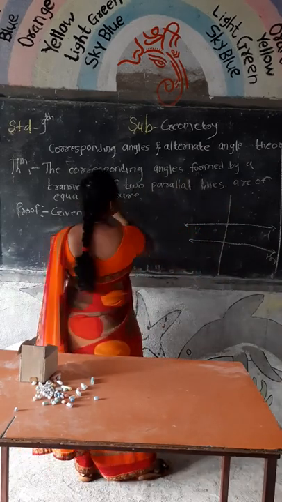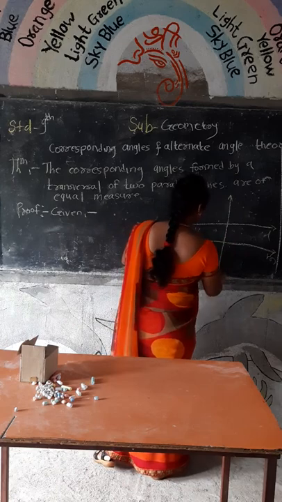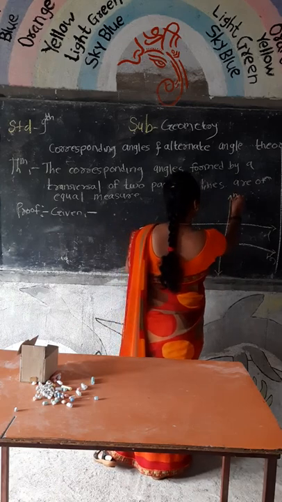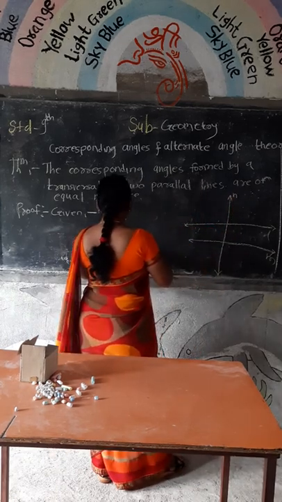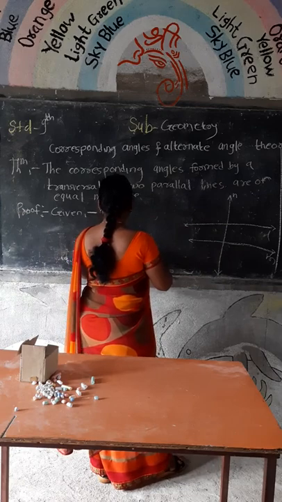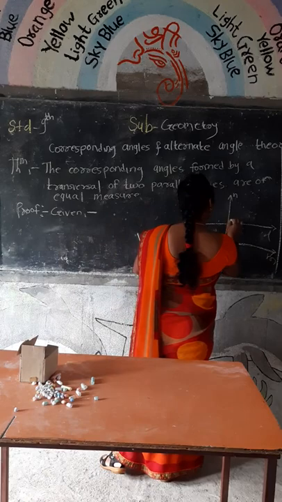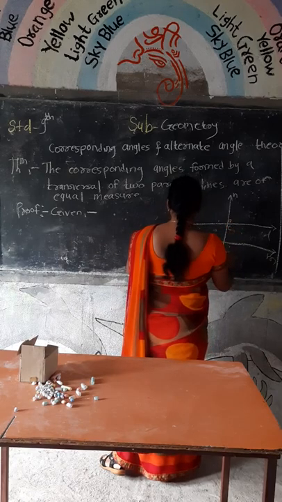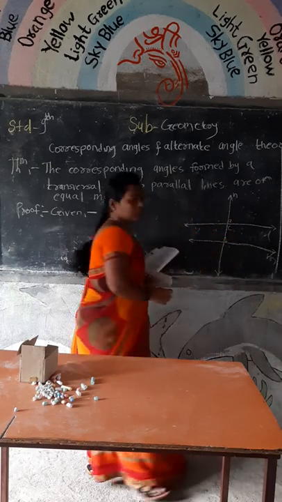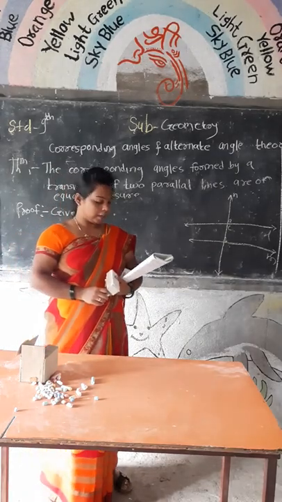Then we draw the transversal. The line here is a transversal. The corresponding angles formed are of equal measure. The corresponding angles are A, C, B. These three are corresponding angles.